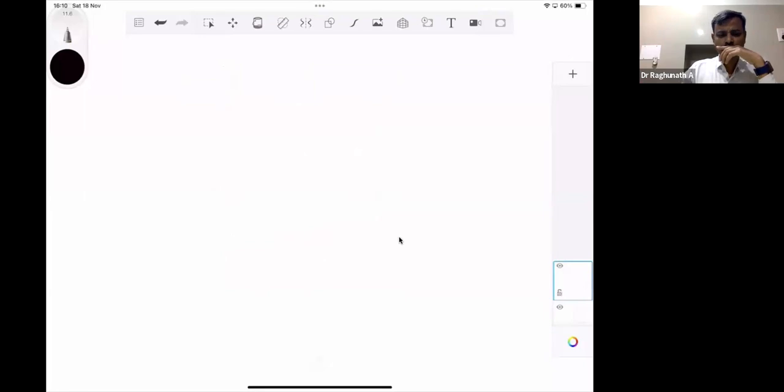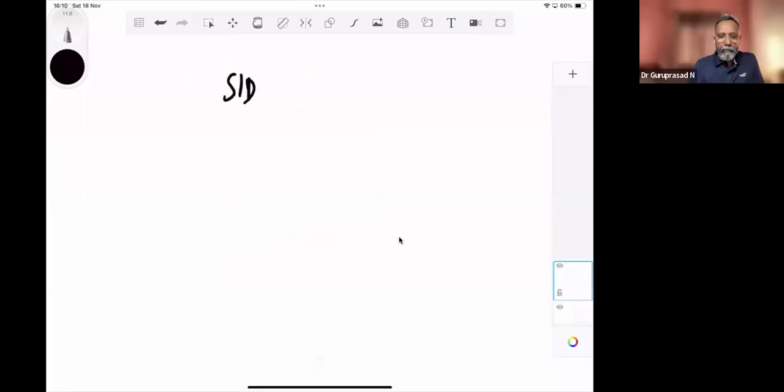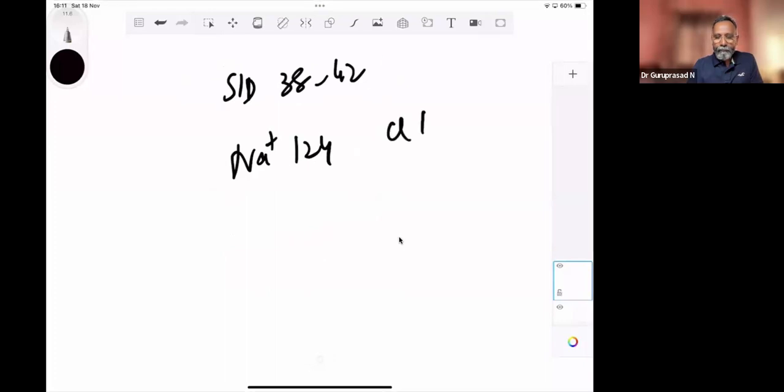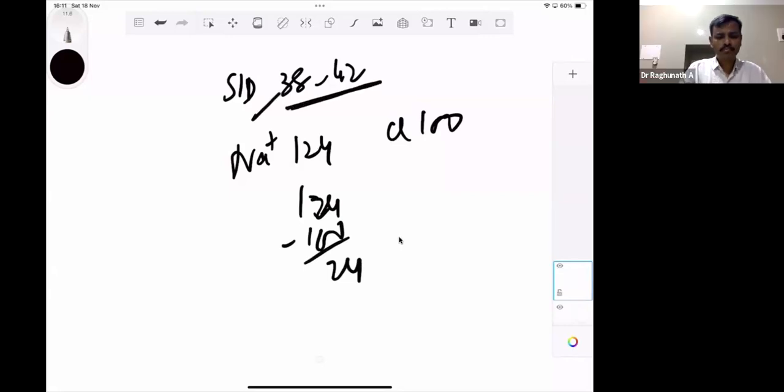As I said, the normal strong ion difference is 38 to 42. If you have been given a sodium value of 124 and a chloride of 100, then 124 minus 100 is only 24, less than 38.